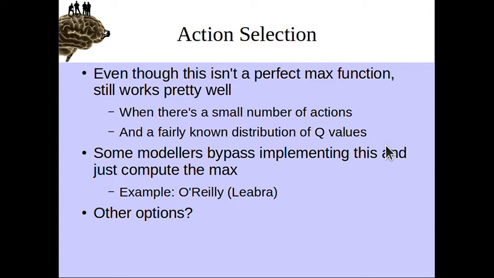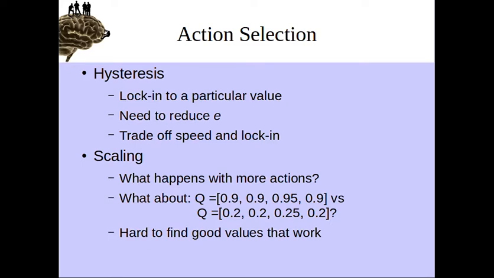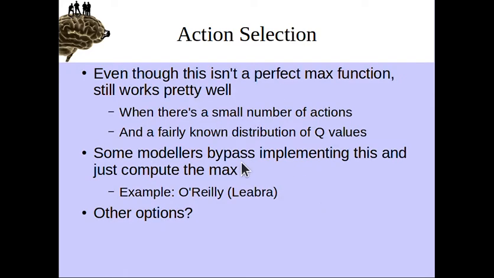Okay, that's not a perfect way of implementing a max function. It works pretty well if you have fairly small numbers of actions and fairly well-known distributions of those Q values. If they don't tend to look like this, then you can probably get away fine with that sort of winner-take-all circuit.